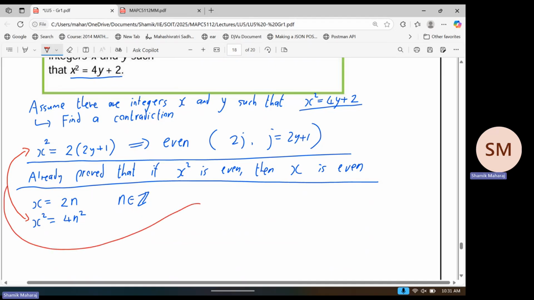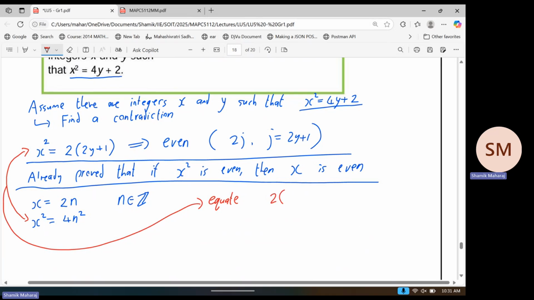So equate these two, and then I'll get, let's see how we write this now. I'll write this on the left, 2y plus 1, that comes from the top, 4n squared, that comes from the bottom.